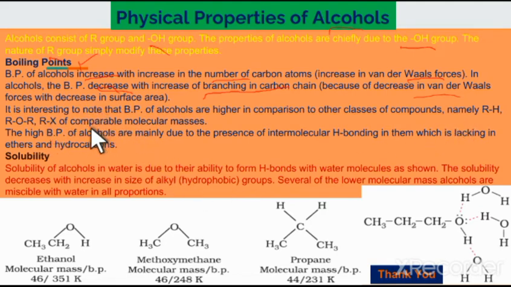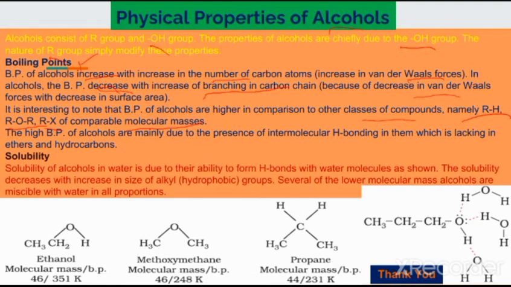And it is interesting to note that the boiling point of alcohols is higher in comparison to other classes of compounds like hydrocarbons, ethers, and haloalkanes having similar, comparable molecular mass.